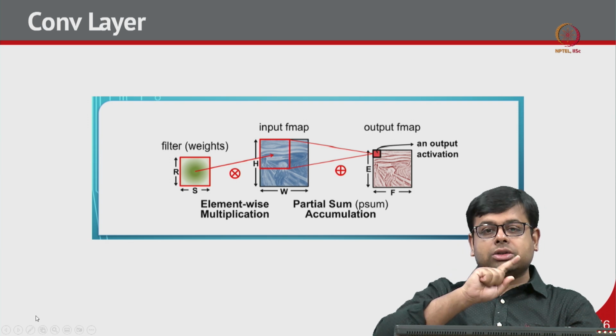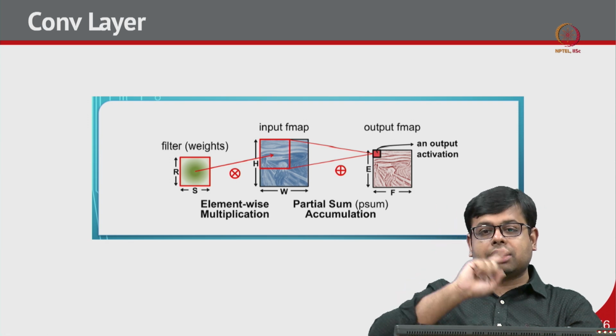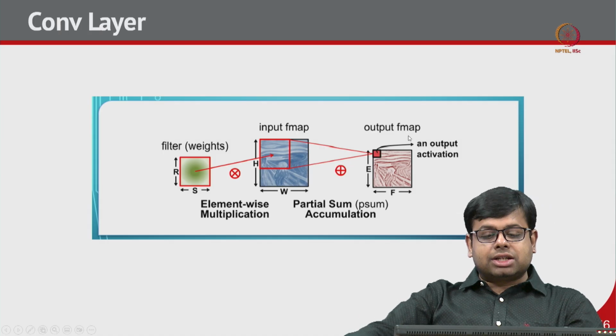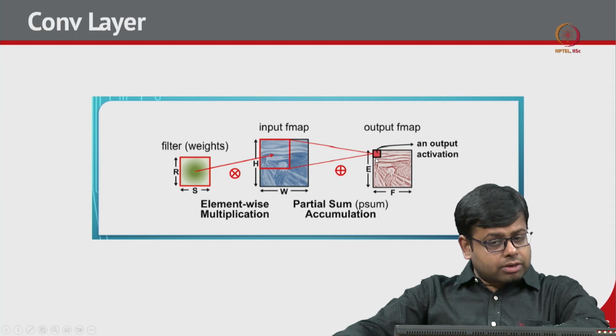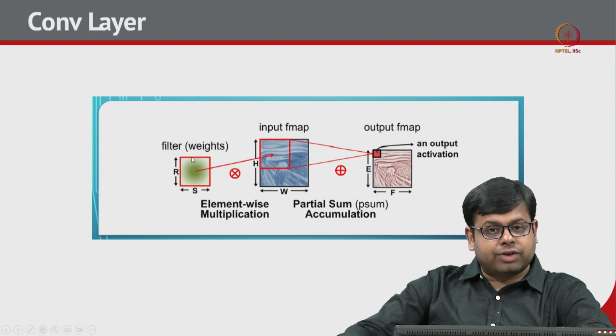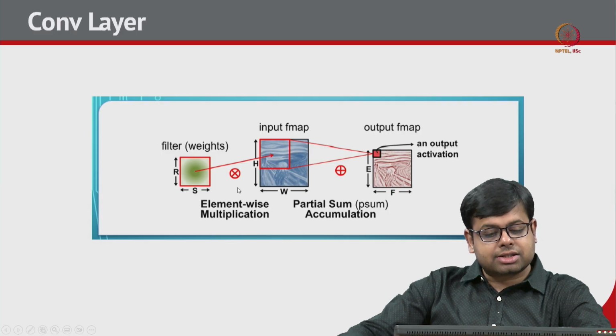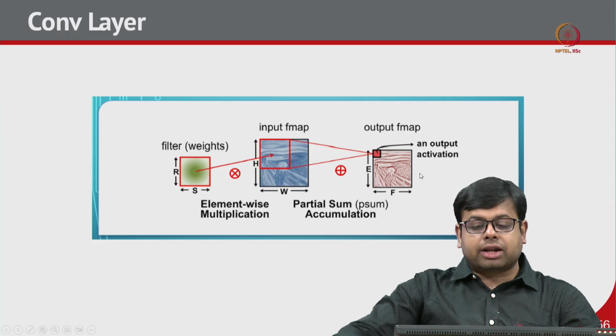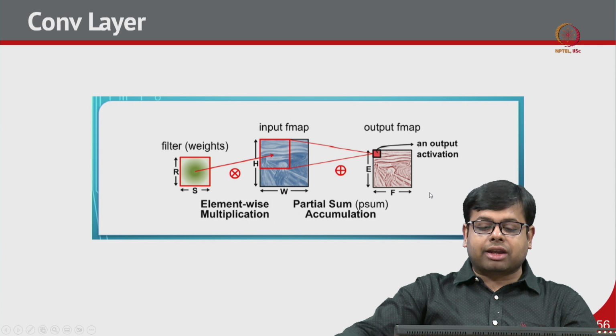All those products A1 P1, A2 P2, A3 P3 will be added. They are called partial sums, and those partial sums will be accumulated to produce an output activation. So again, we have this filter of size R by S, which is getting convolved with an image of size H by W to obtain an output activation of size E by F.